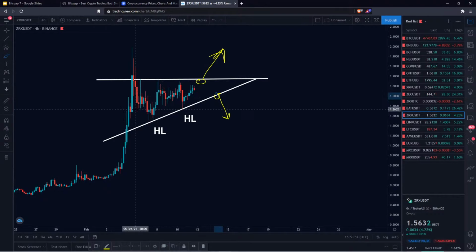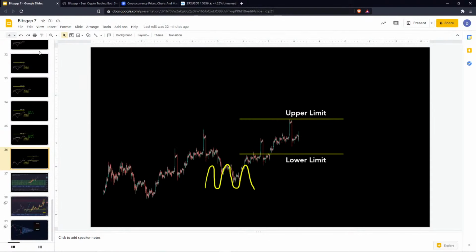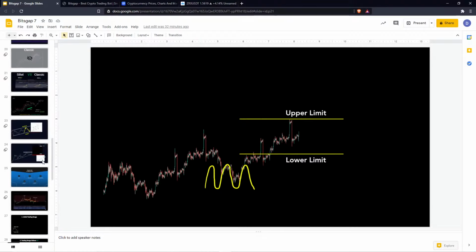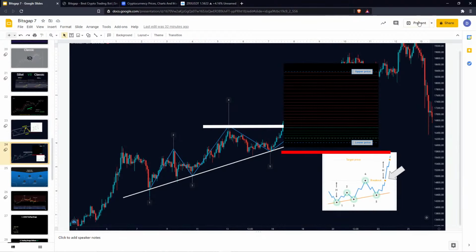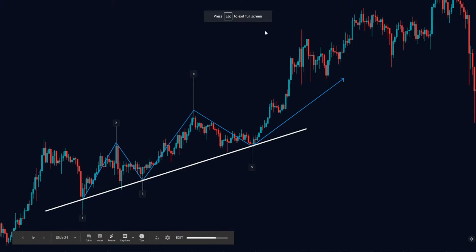So right now this looks like the consolidation phase, and once it breaks the resistance or the support, this is where you can enter the market with the proper configuration. So some strategies I provided you with, for example this one, that's for the rising market.